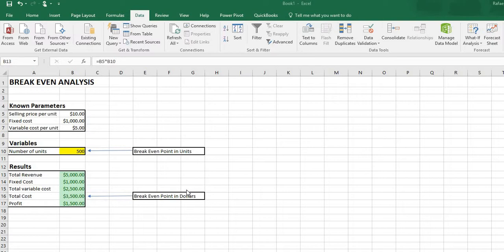And one way to find this out is by conducting a break-even analysis in order to find the break-even point in units, which is the amount of units you will have to sell in order to gain your money back or break even.